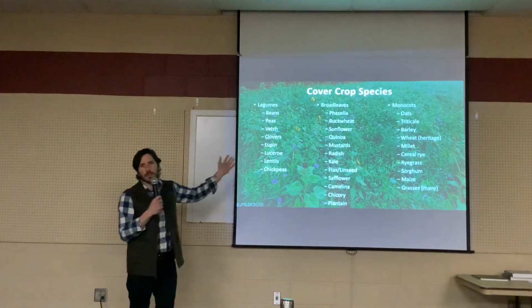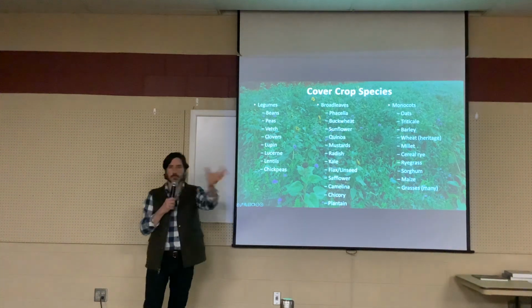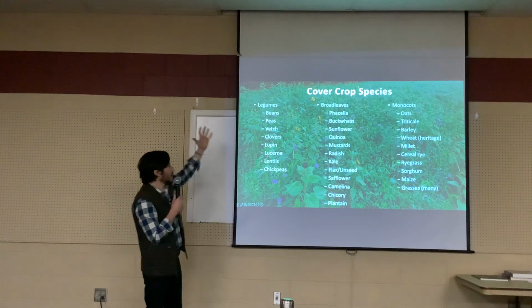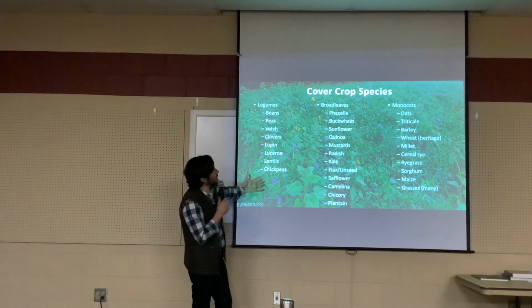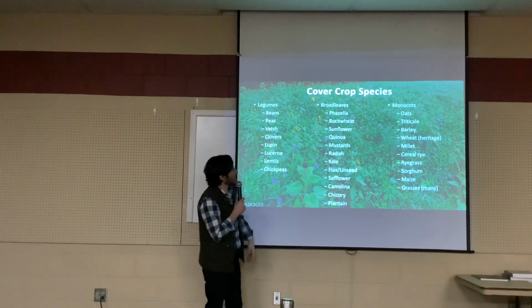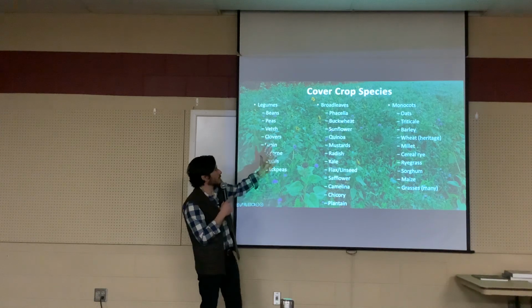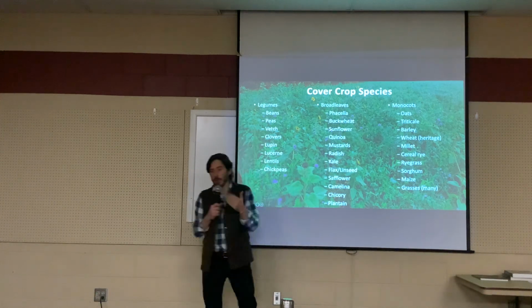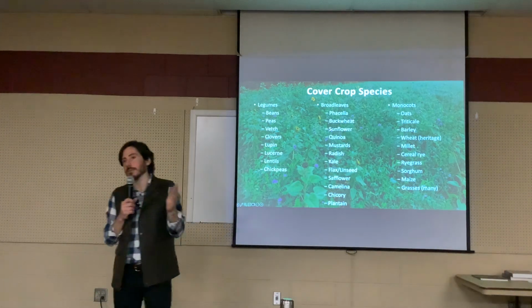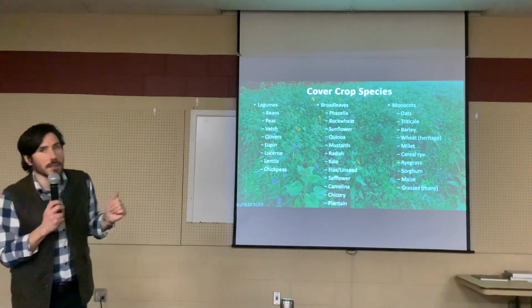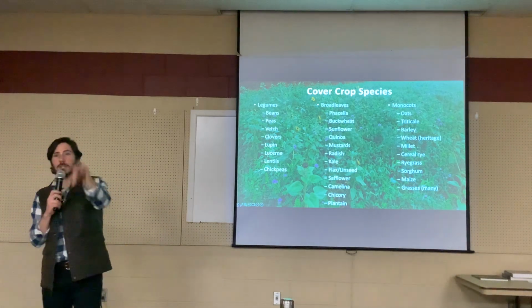So you've got all that list, and I'm not going to dwell on this. You know the deal. Legumes, there's different ones we could choose from. Some of our broadleaf plants, you've got a whole range, brassicas and others, forbs, etc. Or we've got our monocots, the grasses, the cereals, and just put a mixture of those together. I'm not a cover crop expert for this part of the world.